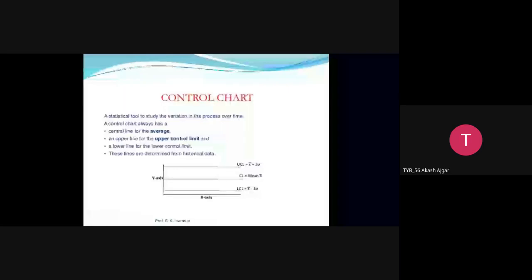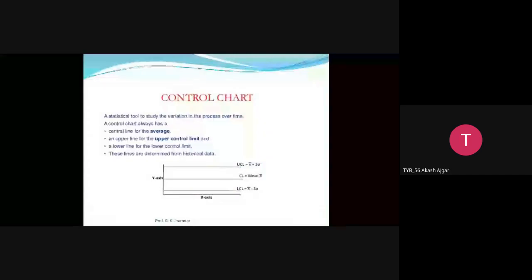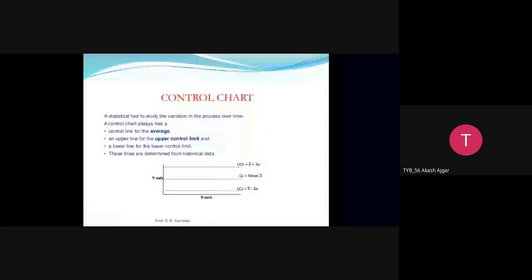By using this chart we can easily understand that if our process is within the upper and lower limits, then it is okay. But if our process goes above the upper control limit or below the lower control limit, then we have to take corrective action and run the process again. This is a very important job done by the control chart.